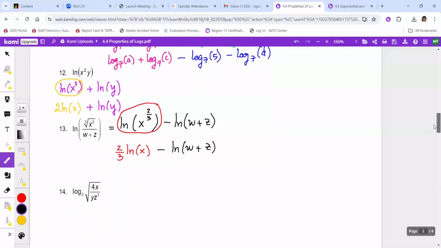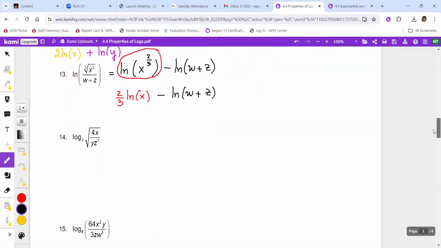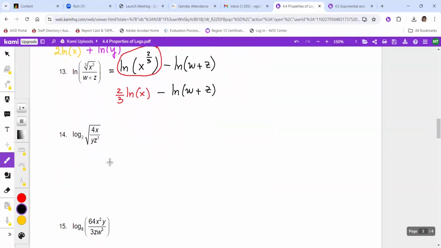Okay, let's look at exercise number 14. Here, we are given log base 2 of the square root, and inside the square root, we have a fraction or a rational expression. So step 1, I don't apply any of the three properties.